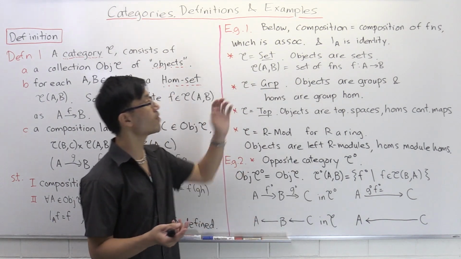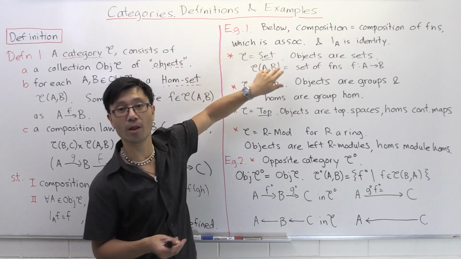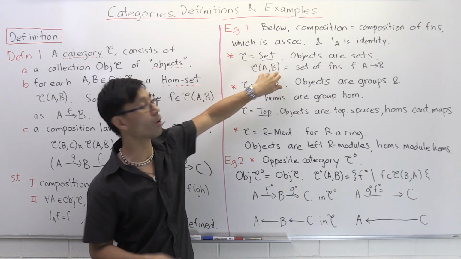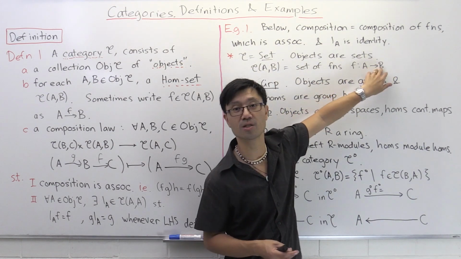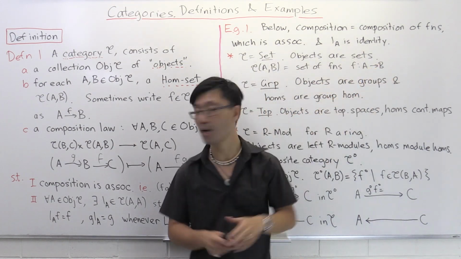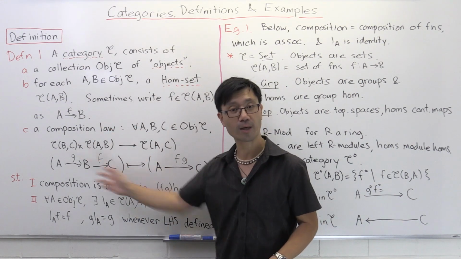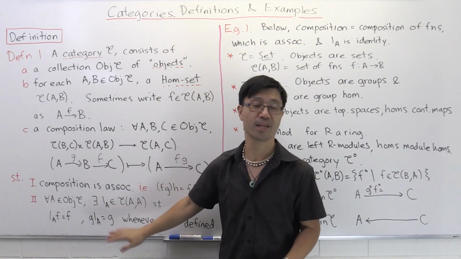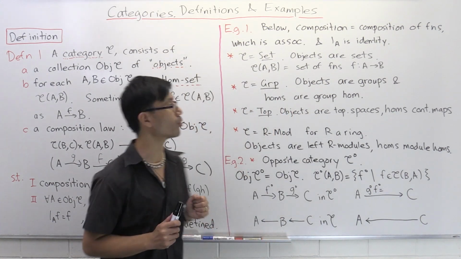Then you have to say, given any two objects, so given any two sets A and B, what are the HOMs from A to B? That's just the set of all functions from A to B, and that, of course, is just a set. And when you have that, you can just use the usual composition of functions to give you a composition like this. As I've mentioned before, these two axioms automatically hold. So that makes it a category, and a very important one.